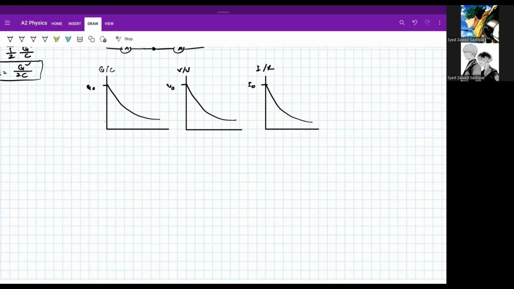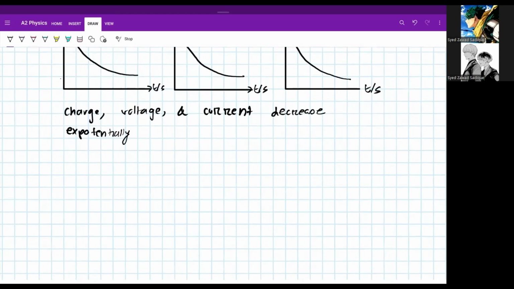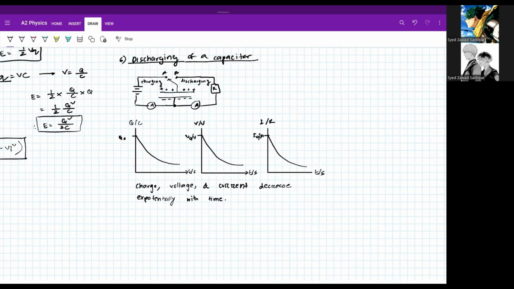So we can say charge, voltage, and current decrease exponentially with time.